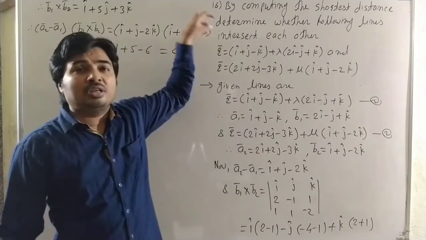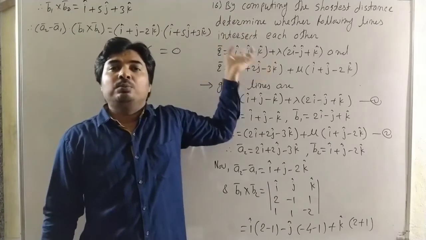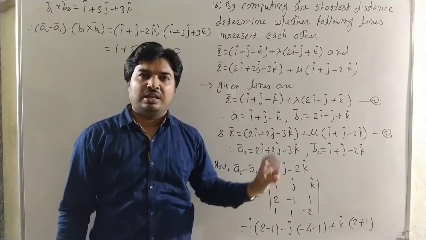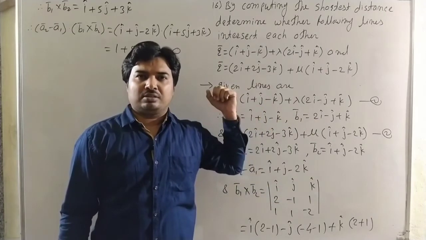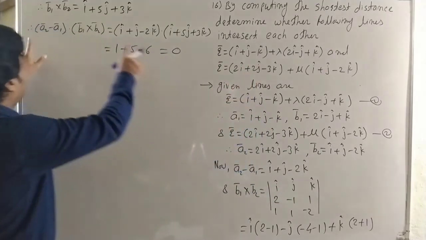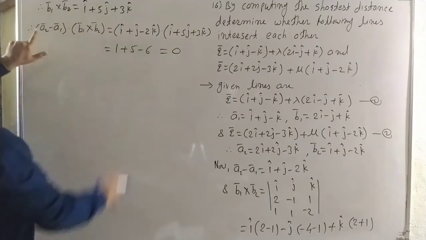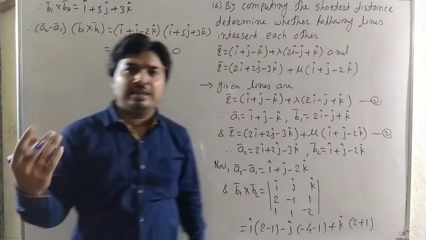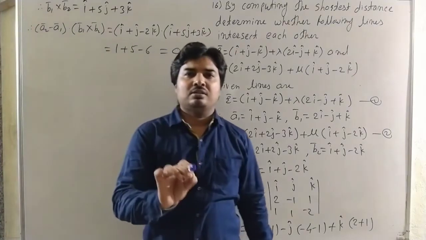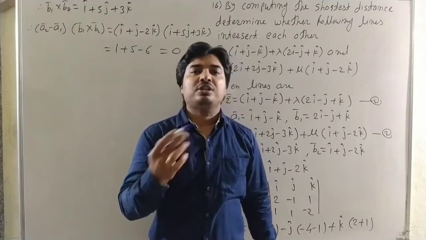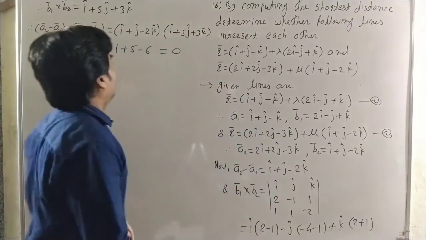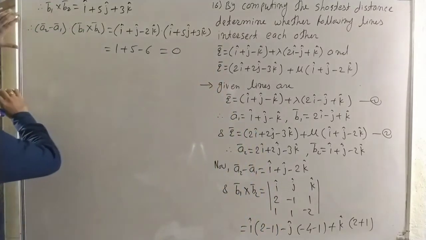But the question asks by computing the shortest distance. That means we want to find the shortest distance and then write our answer. Here is the condition for lines to intersect: a2 bar minus a1 bar dot b1 bar cross b2 bar is equal to 0. But since the question asks to determine by computing the shortest distance, we find the shortest distance.